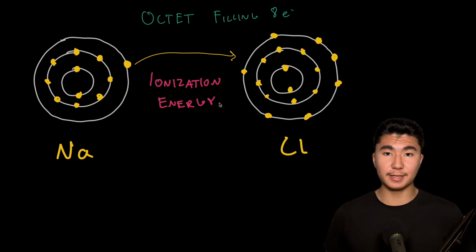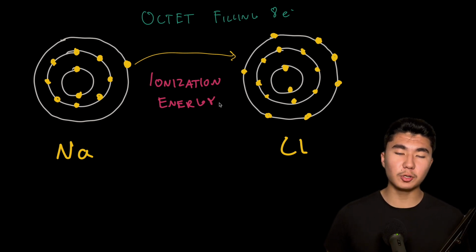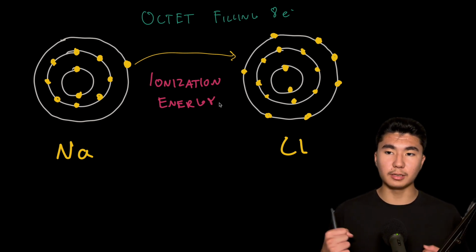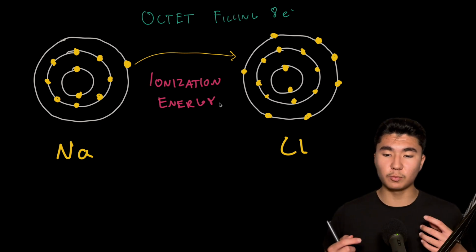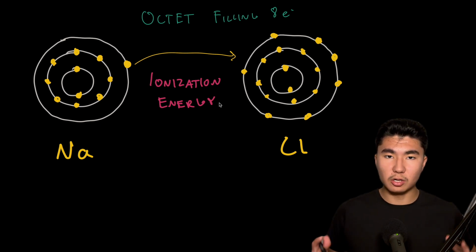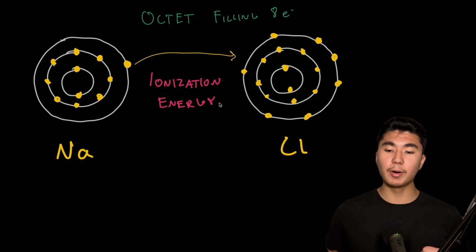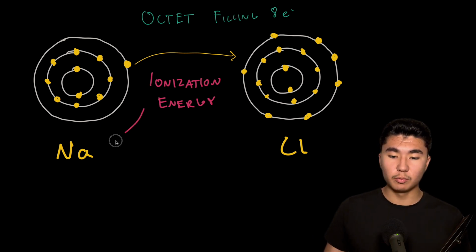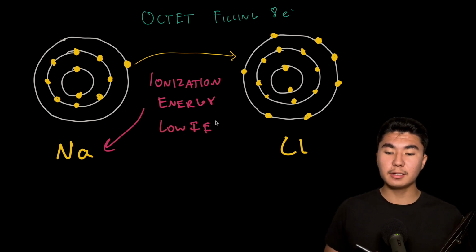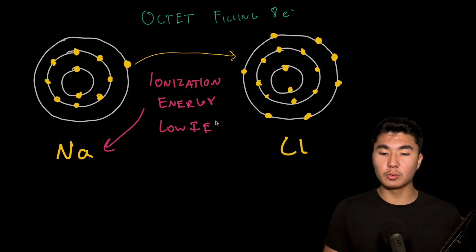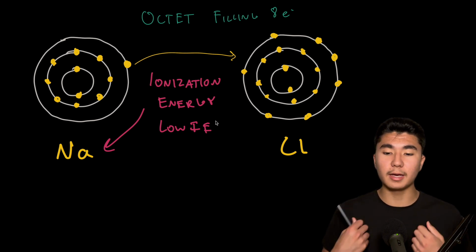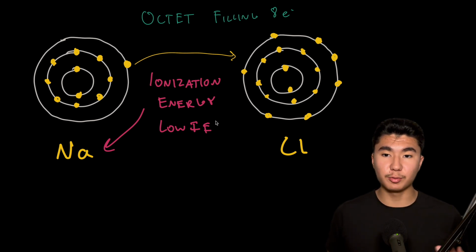If we have a high ionization energy, it's going to be difficult to lose that electron, because we need so much effort in order to pull it out. But if we have a low ionization energy, which is what sodium has, it's much easier for that chlorine to pull that electron away, and that's what ionization energy pretty much is.